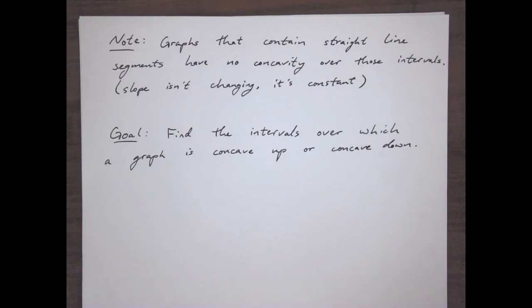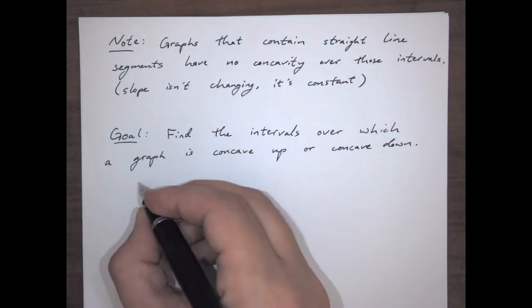And the key here is to look for where the mood changes, where it goes from smiling to frowning.